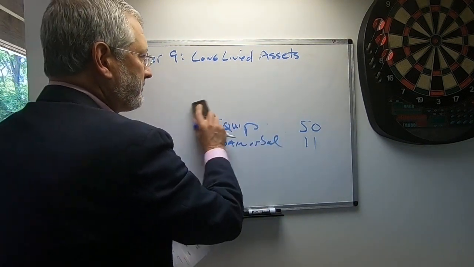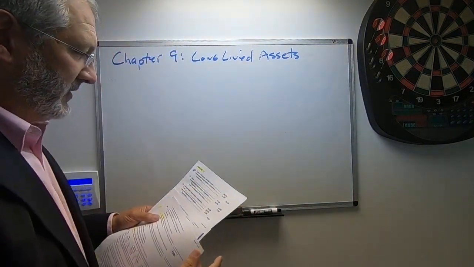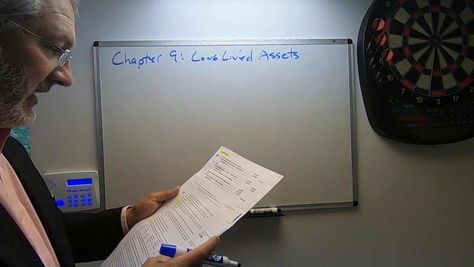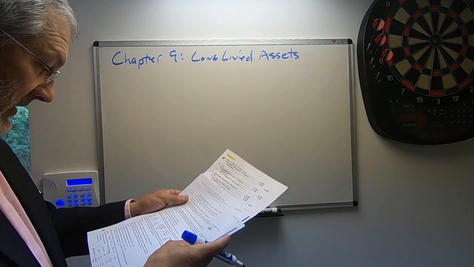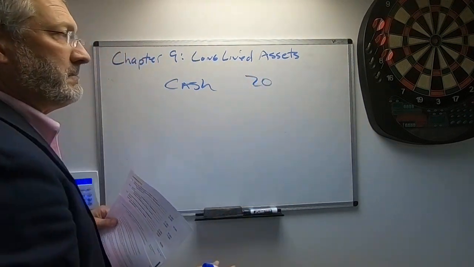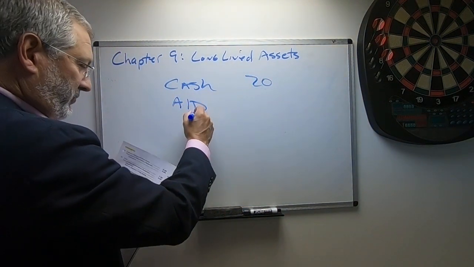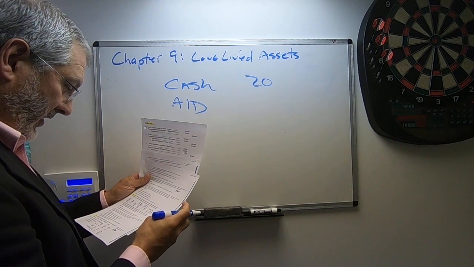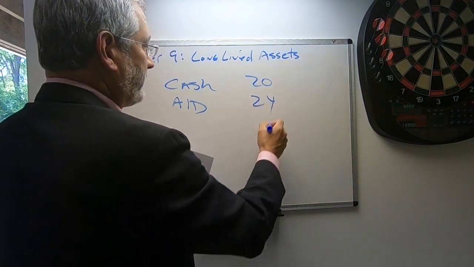And then lastly, they have a situation where they sell it now for $20,000. The cash received is 20. Remove the accumulated depreciation again for the 24.